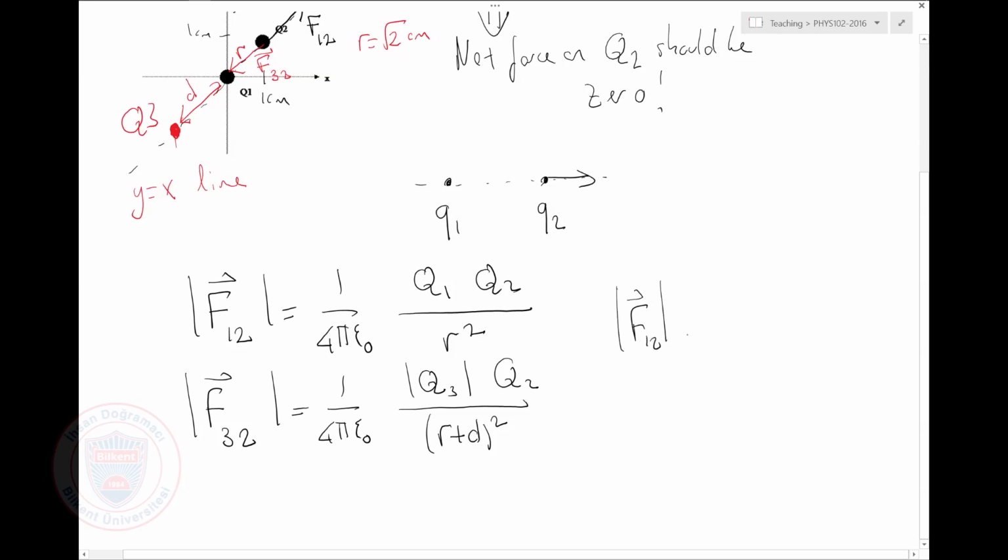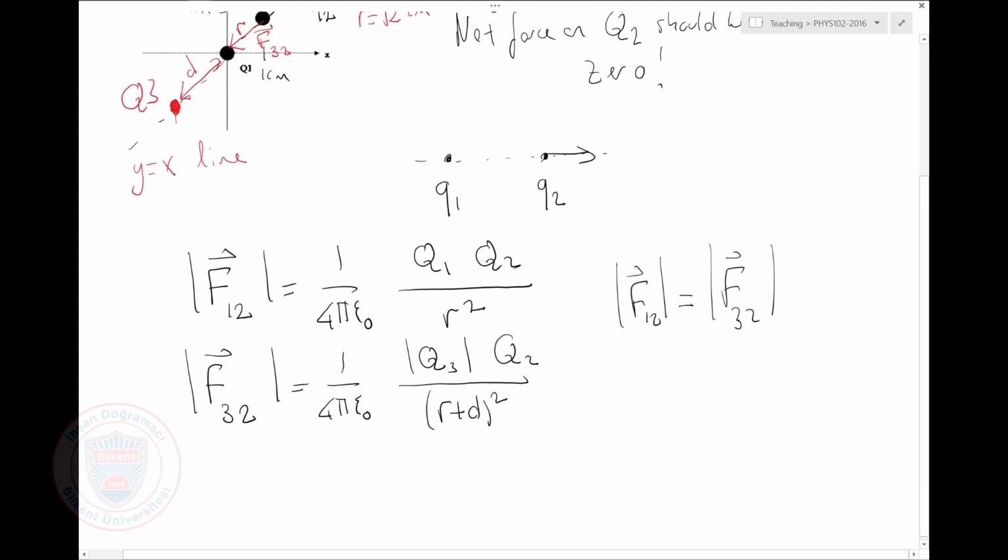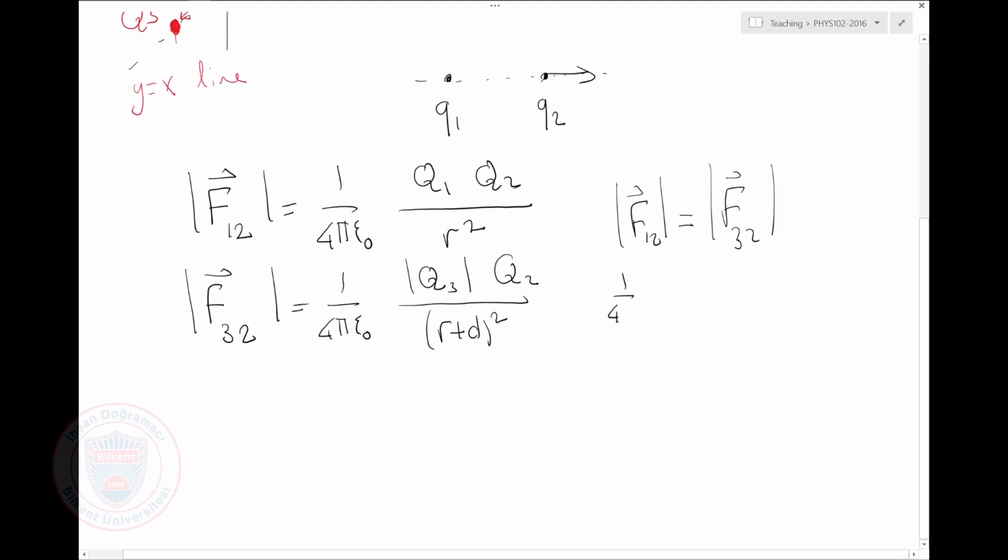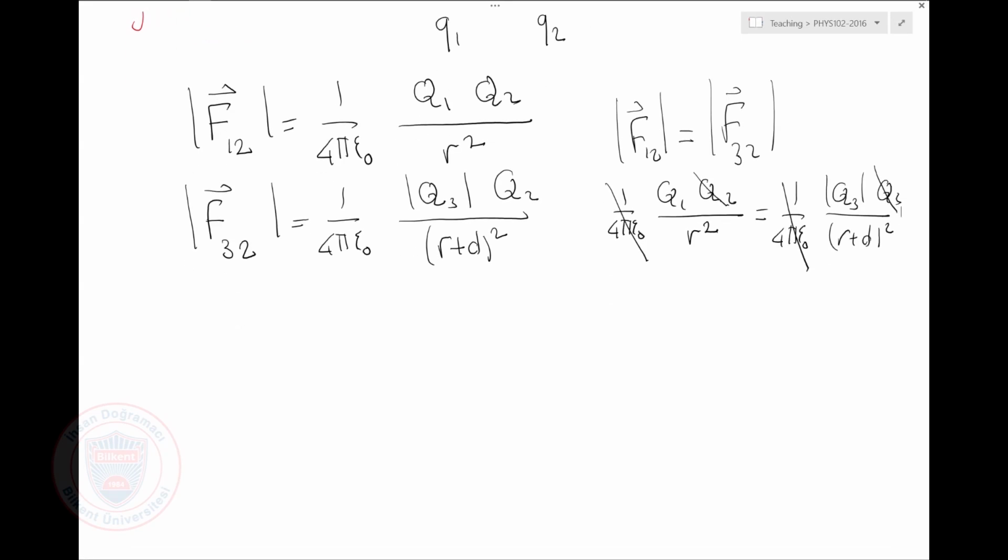So F12 magnitude must equal F32 magnitude. Let's write everything. 1 over 4 pi epsilon 0 Q1 Q2 divided by R squared is 1 over 4 pi epsilon 0 Q3 magnitude Q2 divided by R plus D squared. 1 over 4 pi epsilon 0 is cancelled. Q2 is cancelled. Now I can put in the numbers.